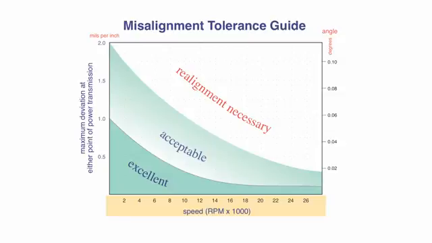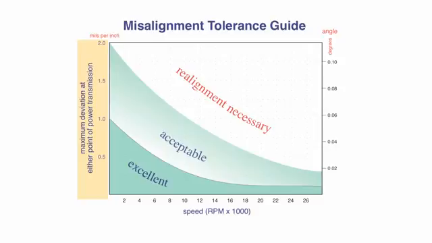It makes sense to more precisely align machinery running at 10,000 RPM a little better than machinery running at, say, 1,800 RPM. On the y-axis of the graph is the maximum misalignment deviation expressed in mils per inch. What you want to do is get your drive system to be within the acceptable or excellent bands when your machinery is running under normal operating conditions.